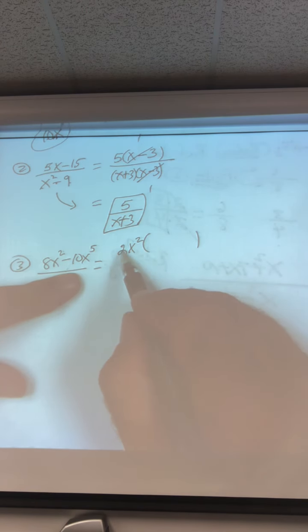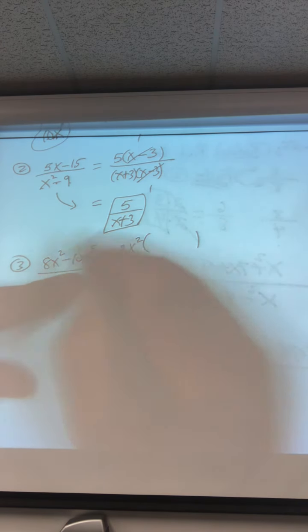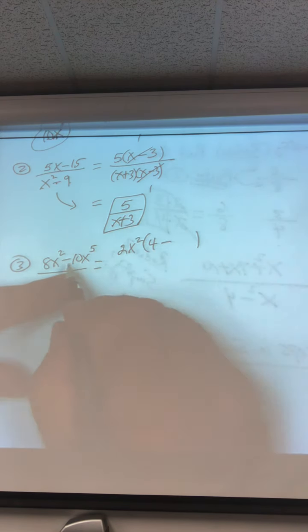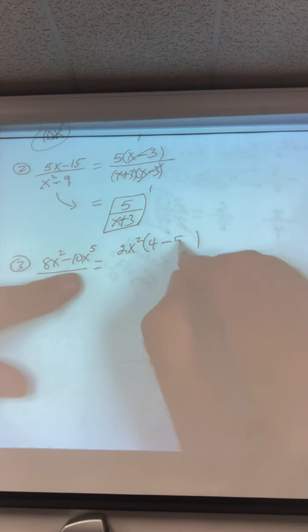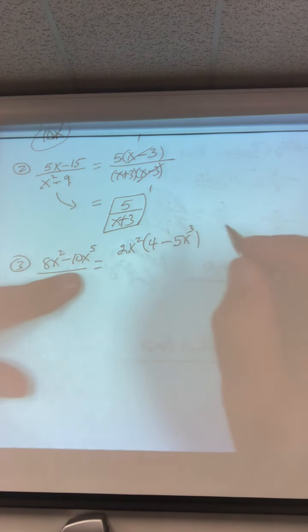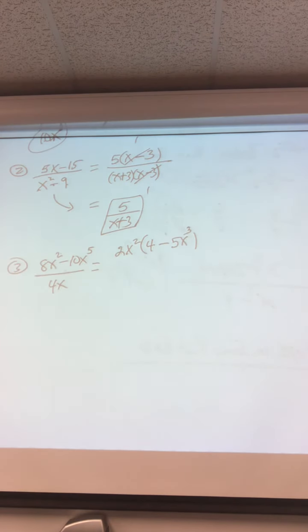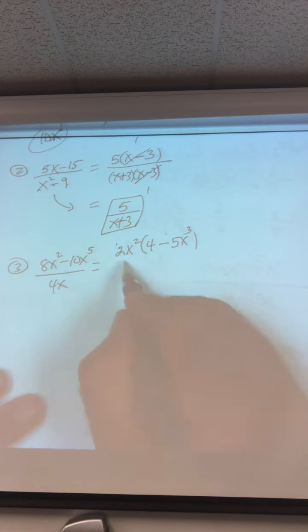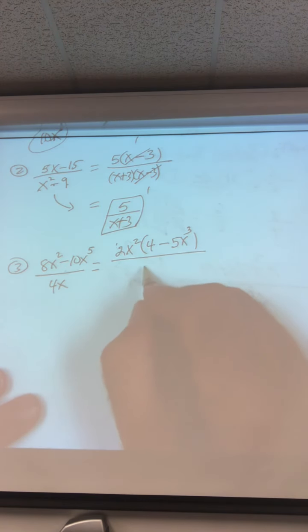2 goes into both of these, and you got an x2 and an x5, so x2 goes into both. Now divide. 2x2 into 8x2 would be 4, minus 2x squared into 10 would be 5, and x squared into x to the 5th is x to the 3rd, subtracting exponents. So there's two factors here, this and this one, over 4x.